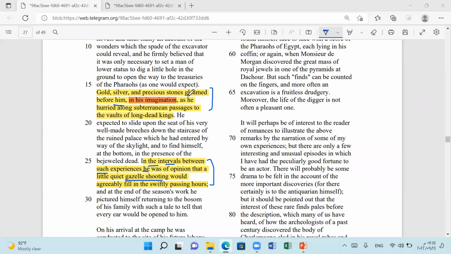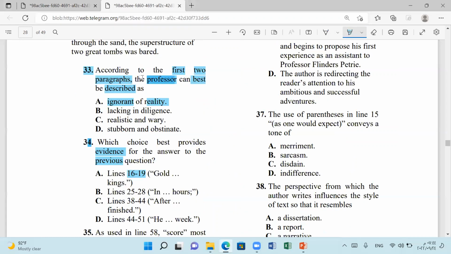He started imagining because he's so obsessed, so he started imagining the gold and silver and precious stones gleaming before him in his imagination, as he hurried along these passages to the vaults of long dead kings. He wanted it to the extent that he volunteered for an unpaid mission. Thank you so much, I totally appreciate your participation.